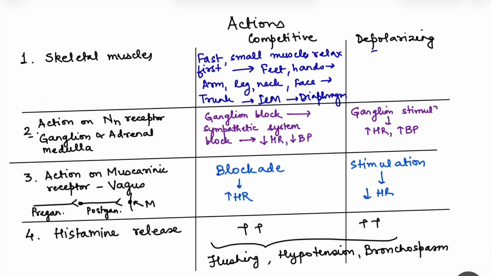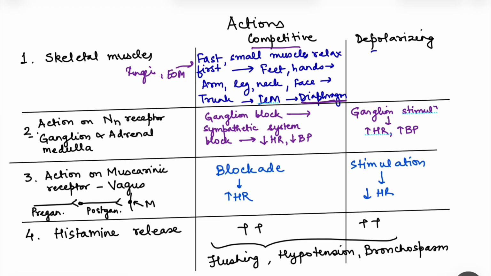So moving on to the actions of these blockers. On skeletal muscle, there is a certain sequence of skeletal muscle relaxation which occurs. With competitive blockers, it is the fast small muscles which relax first. That is the muscles of the fingers and extraocular muscles relax first, then feet and hands, arm, leg, neck, then trunk and abdominal muscles, then intercostal muscles, and finally the diaphragm is relaxed.